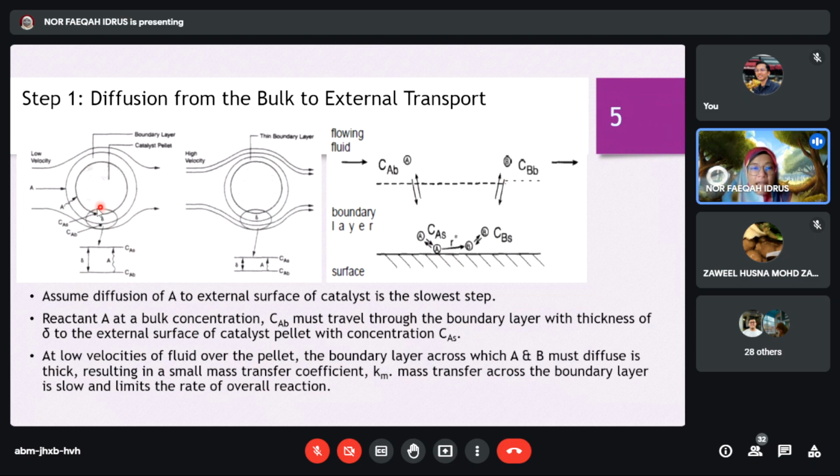So there is a temperature gradient in between the bulk fluid and the external surface of catalyst. The temperature gradient depends on the velocity of bulk fluid. Usually the temperature gradient is very small.